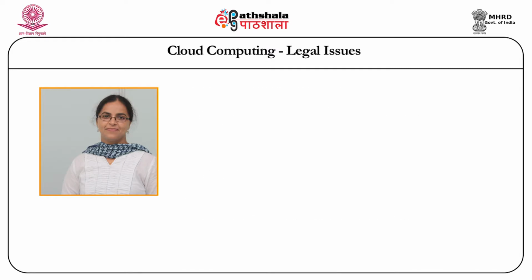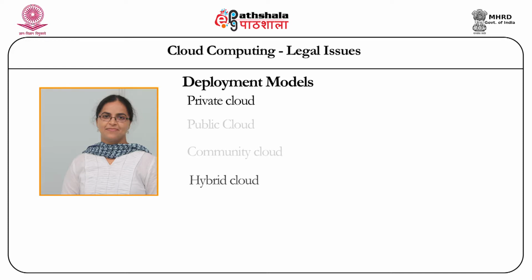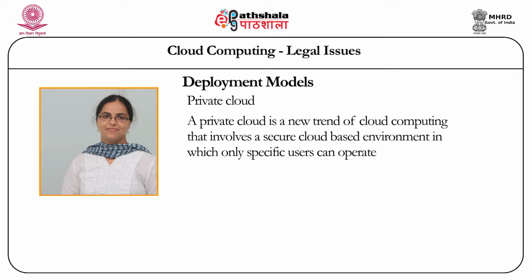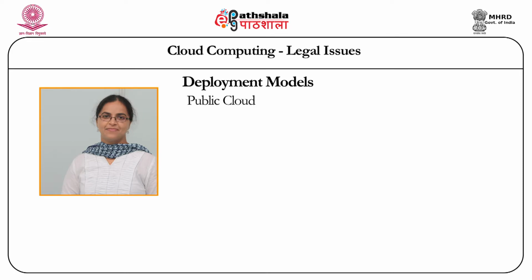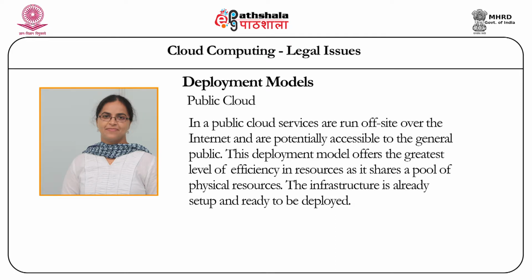Cloud computing is divided into four deployment models: private cloud, public cloud, community cloud, and hybrid cloud. Private cloud is designed and dedicated to a few specific customers, and public cloud is accessible to the general public, like when we open our Gmail account or browse through Google Chrome.